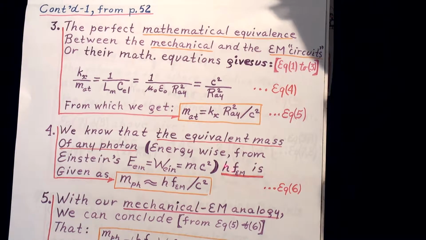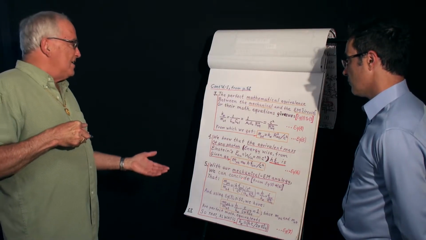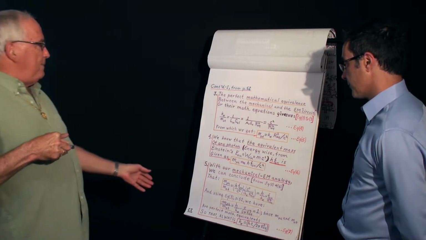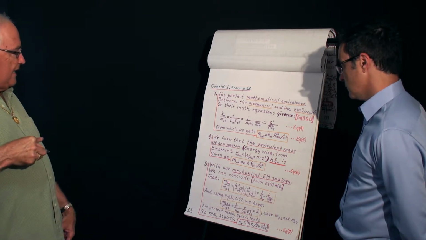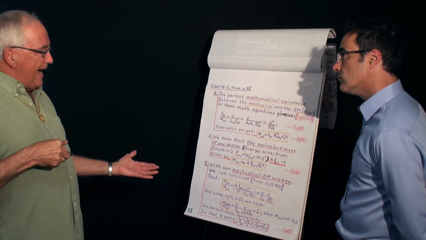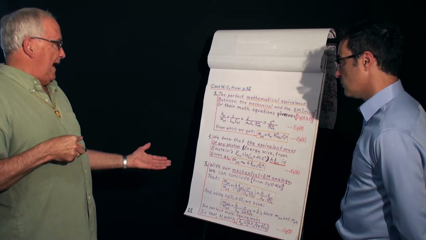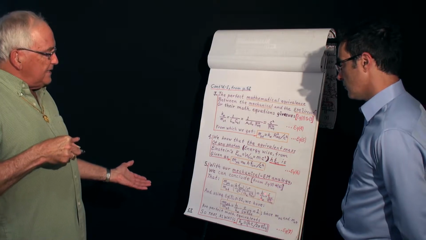And hf is the energy of any photon. So the mass, let's say the virtual mass of a photon, could be the energy, hf, divided by c squared, because energy is mc squared. So when you use that with our mechanical EM analogy, we can conclude from this equation that the virtual mass of a photon divided by the atomic, mechanical equivalent mass gives these values.